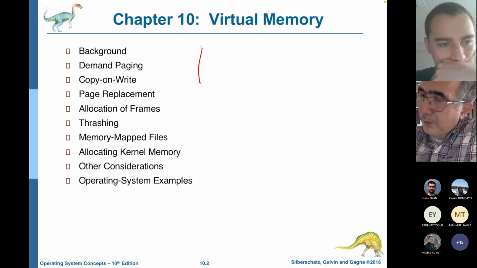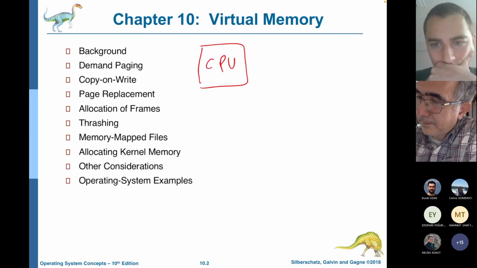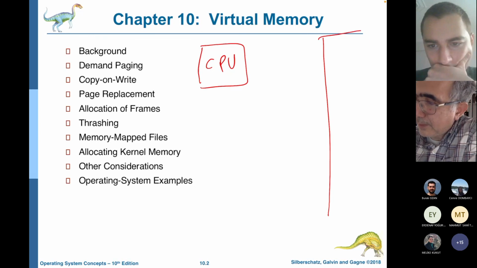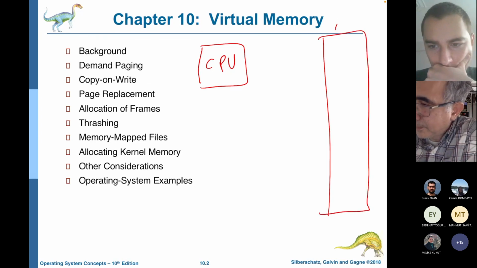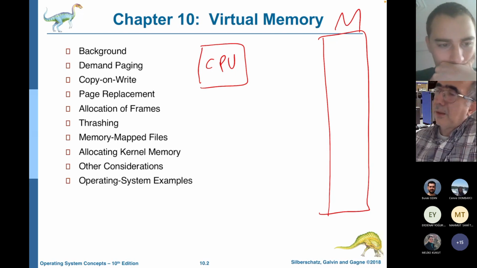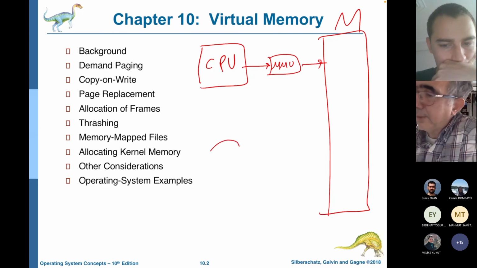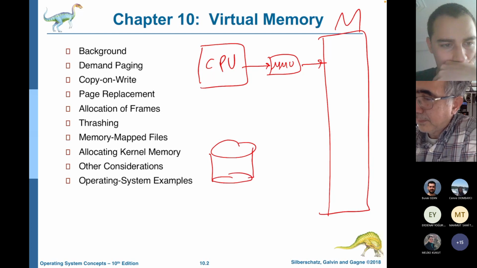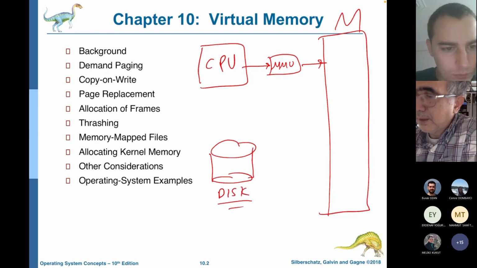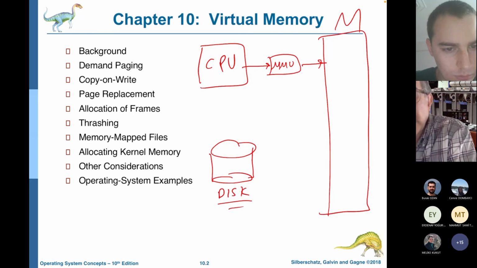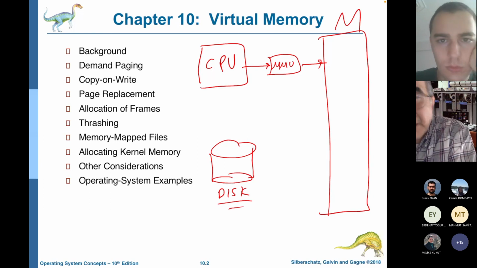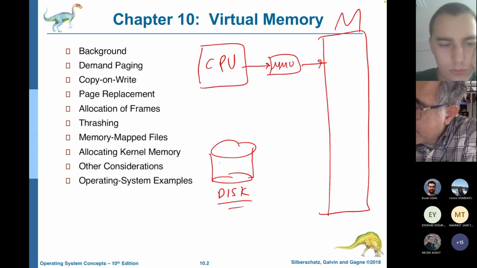This is CPU. This is my memory. And we have hard drive, disk. Where is my program at the beginning? My program is here.